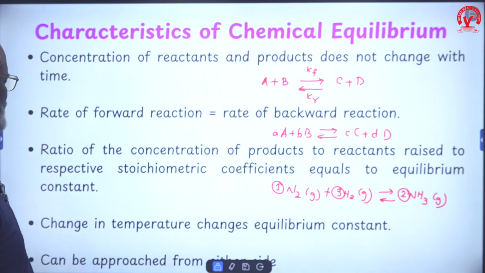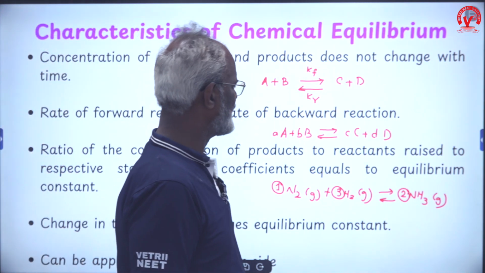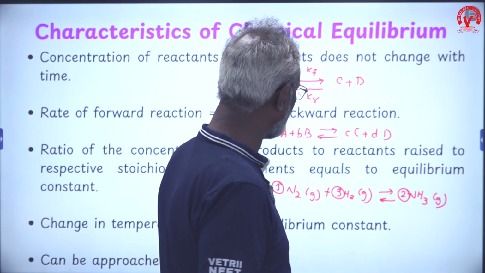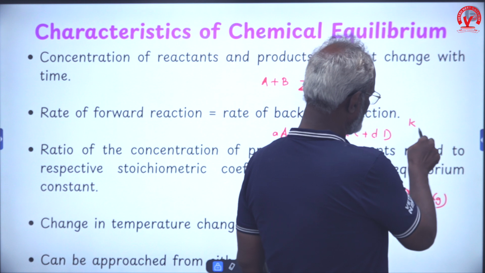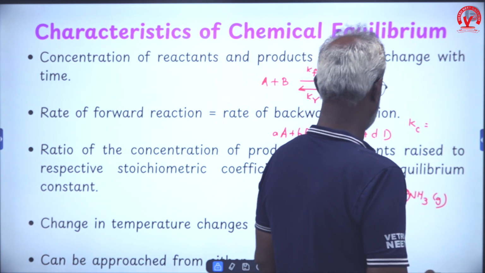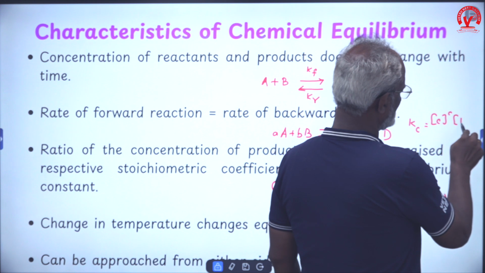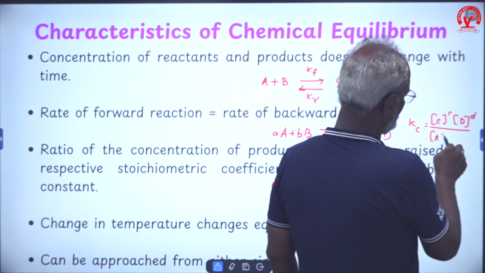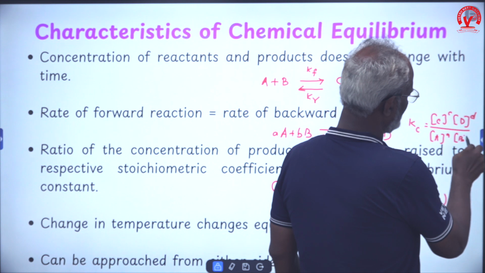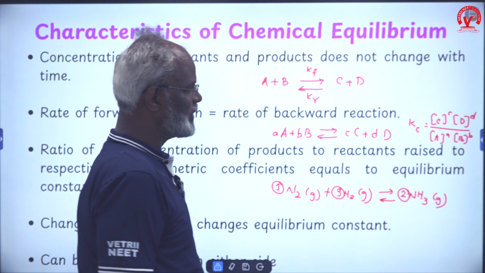First I will simply say how we write the equilibrium constant. We are going to study it in detail. The equilibrium constant K, based on concentration, is written as the concentration of C to the power small c, D to the power small d, divided by A to the power small a, B to the power small b, and all of them are equilibrium concentrations.